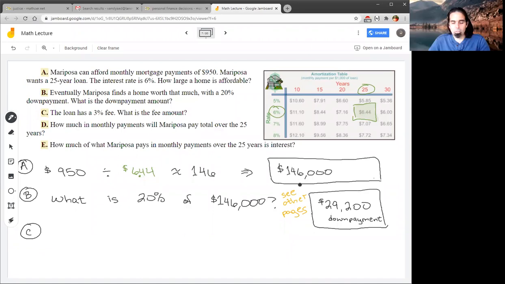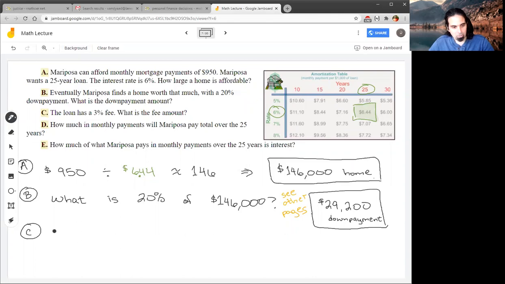No, a rate would be a percent. So this was how large a home she could afford. I'm just going to use the word home. But the subtlety is that for the loan, you have to take the home size and subtract away the down payment. She doesn't need a loan on what she's paid. The loan is just on the rest of it.